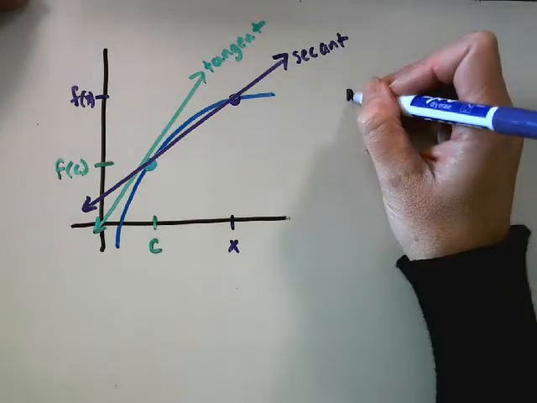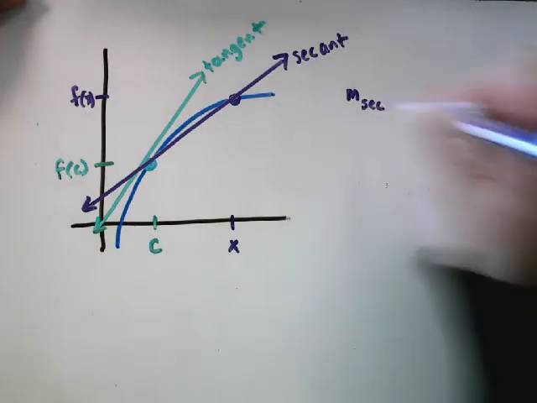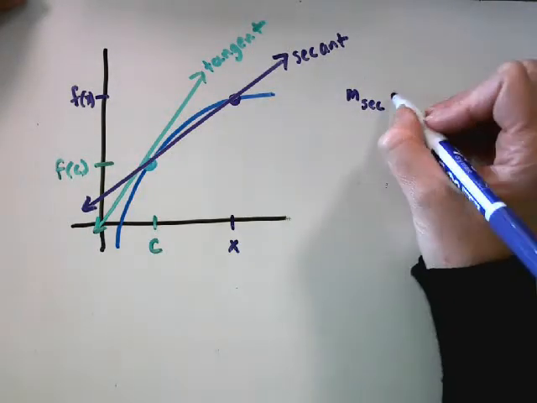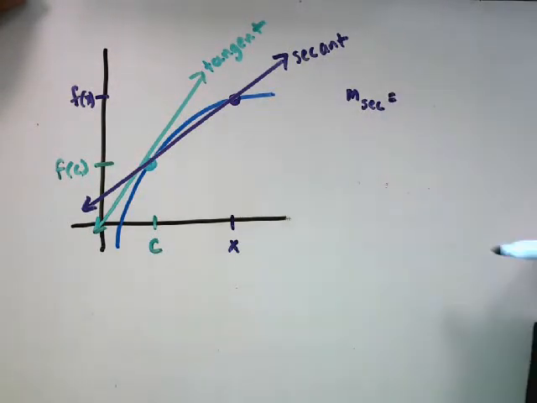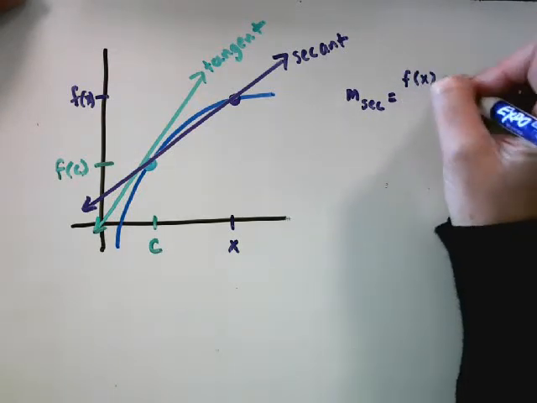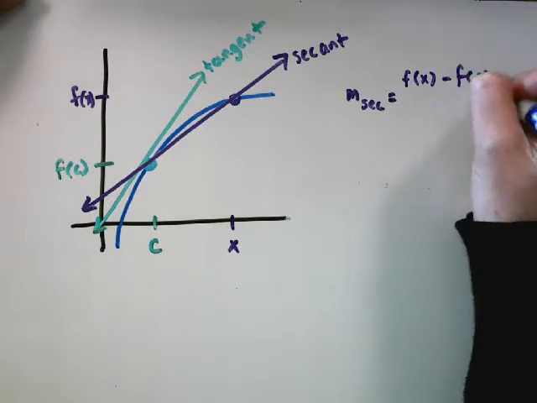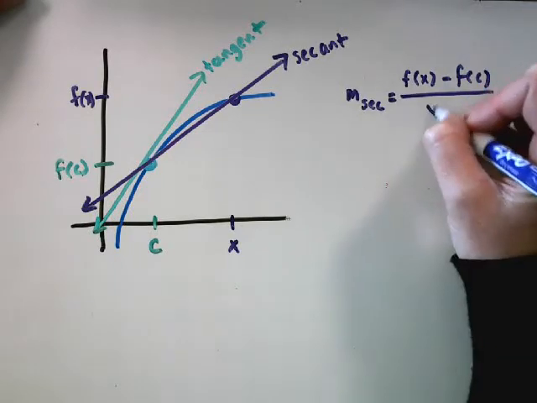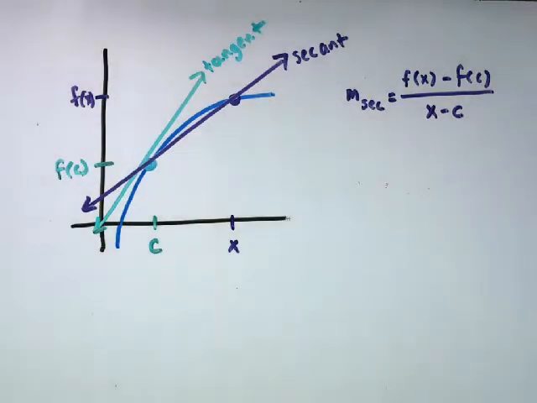Okay, so we can find the slope of the secant line. So m secant is going to be y2 minus y1 over x2 minus x1. So in this case, f of x minus f of c over x minus c.